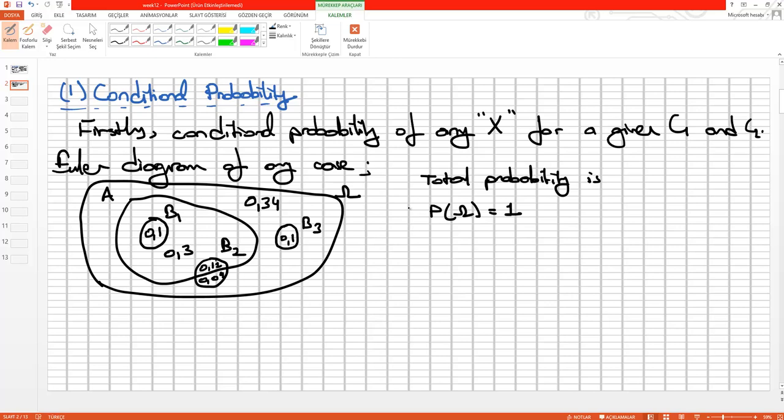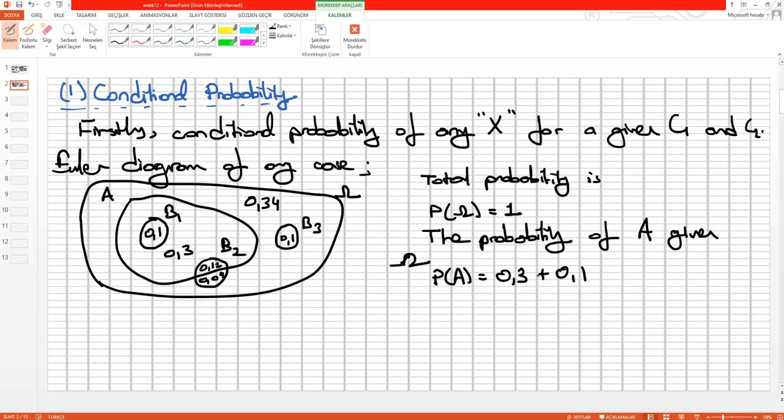If this is present, then we can say that we build the A class, B1, B2, or B3, okay? But the probability of A given omega, then we can say that P A is equal to 0.3 plus 0.1 plus 0.2.